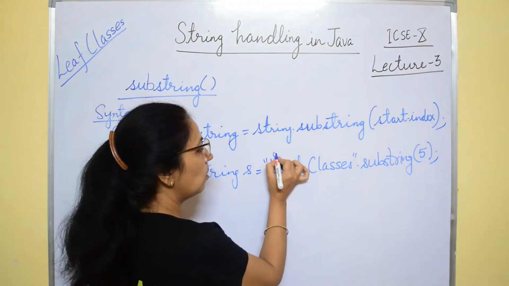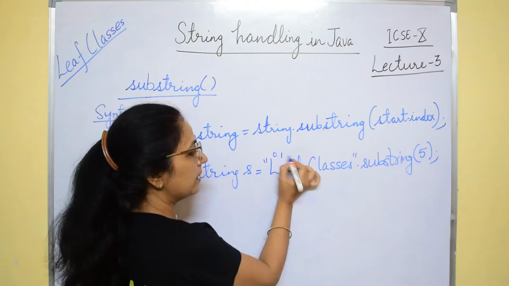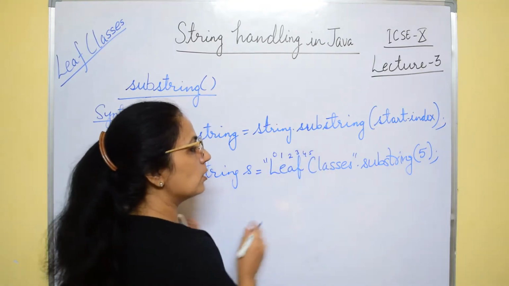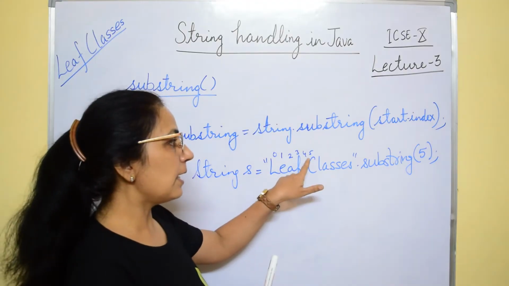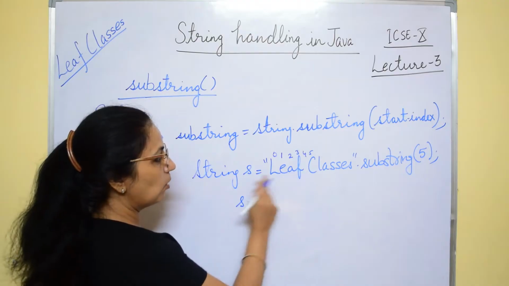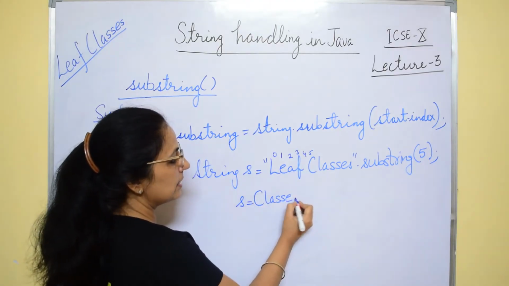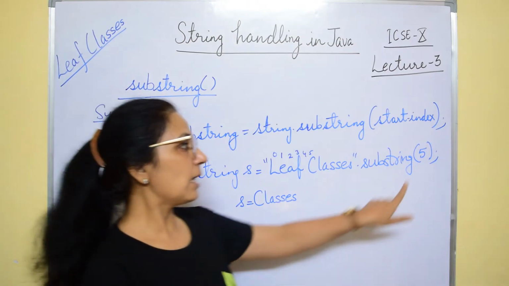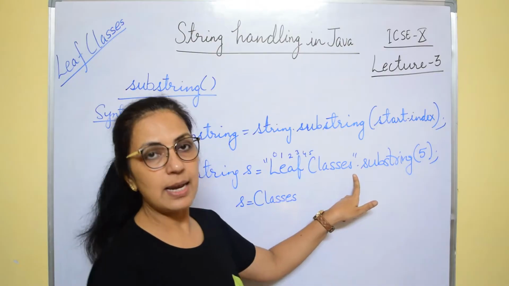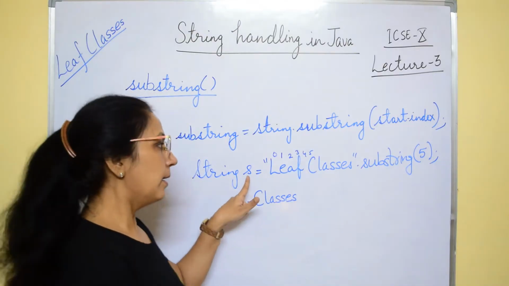And as you know, the first index number of the string, or the first character, is 0, 1, 2, 3, 4, 5. So letter C is at the 5th index number. So after this, the value of s will be CLASSES.